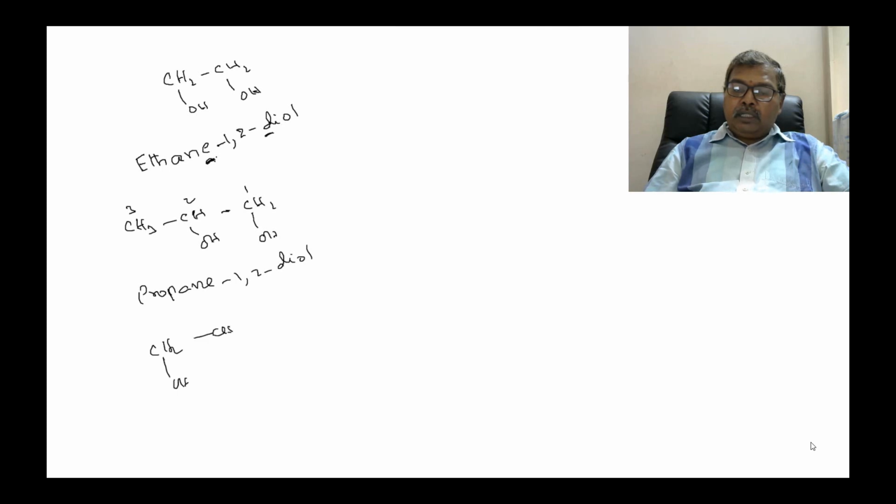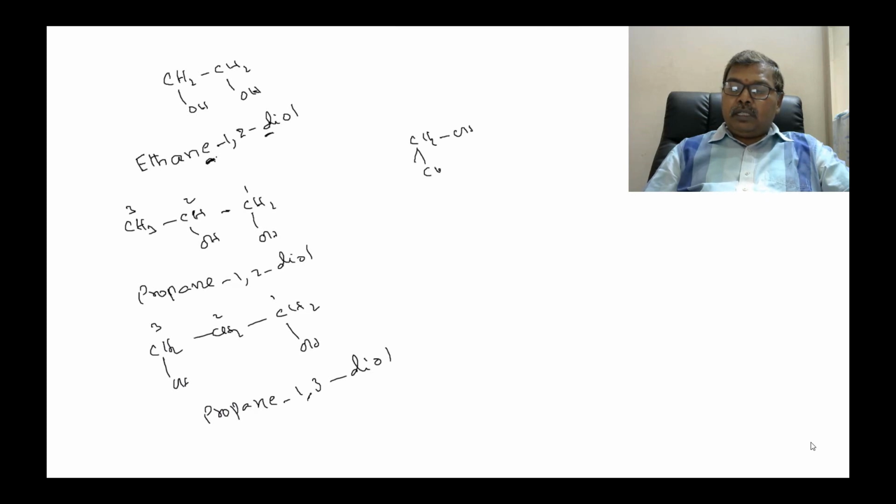CH2OH, CH2, CH2OH. Now this is first carbon, second carbon, third carbon. So this is propane-1,3-diol.